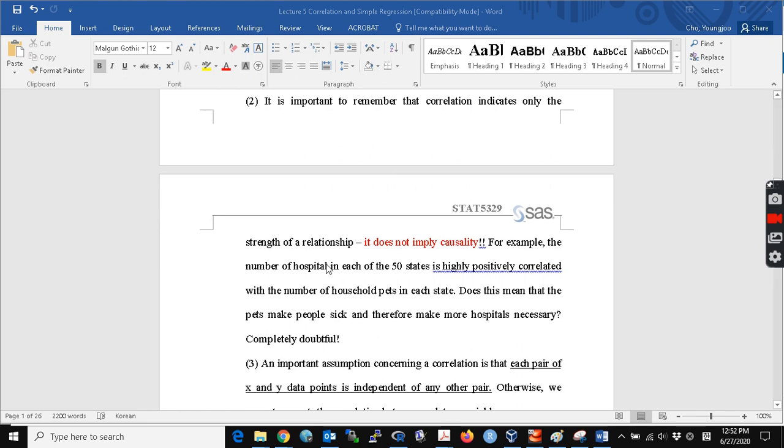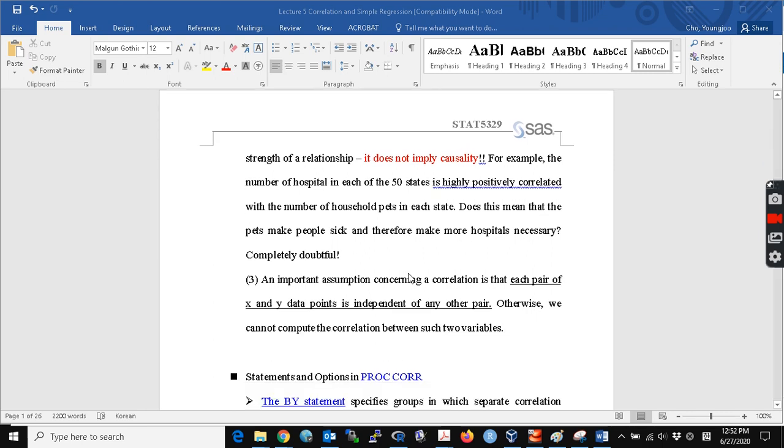For example, if the number of hospitals in 50 states is highly positively correlated with the number of household pets in each state, and you say that the number of household pets causes disease for people and so we need to make more hospitals, that is not correct, because this correlation cannot be used to talk about causality.